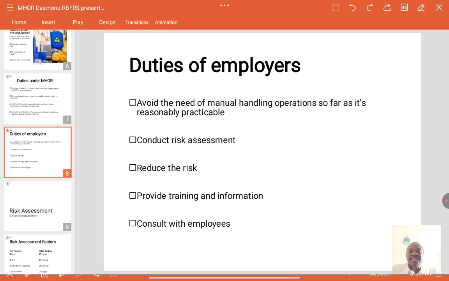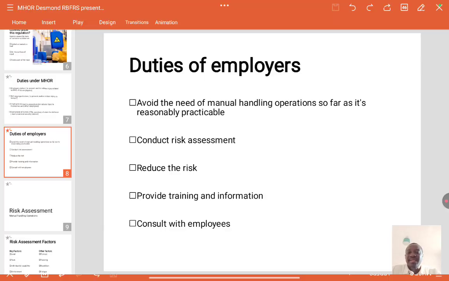So during the risk assessment, employers need to consult their employees to be able to understand the nature of the work, the process, the procedure they are taking to do the work, and also be able to understand certain hazards that employees face during these works. Now the third is to reduce the risks.